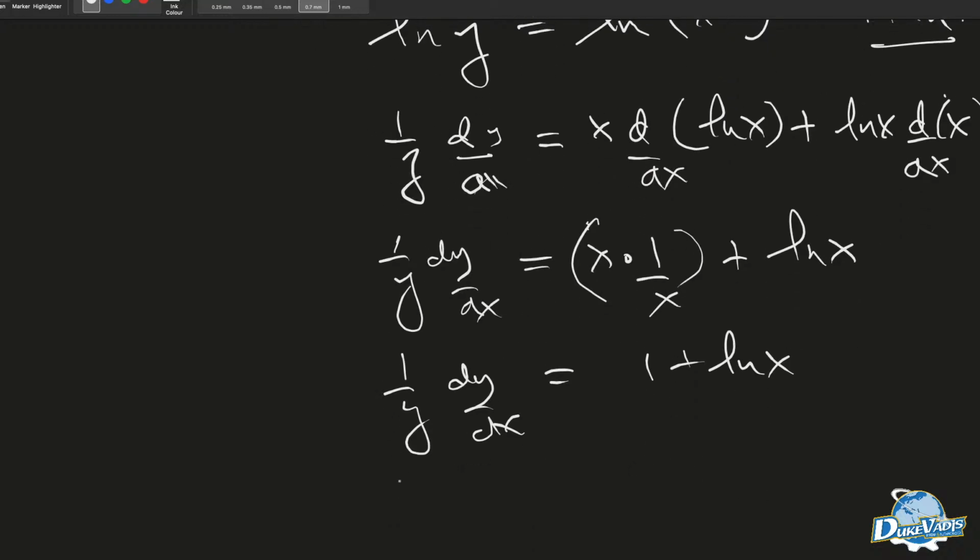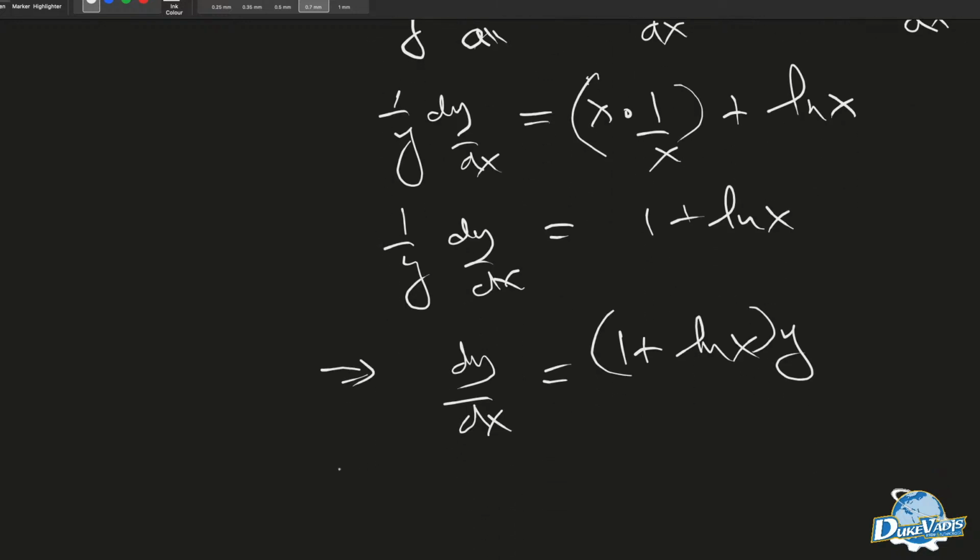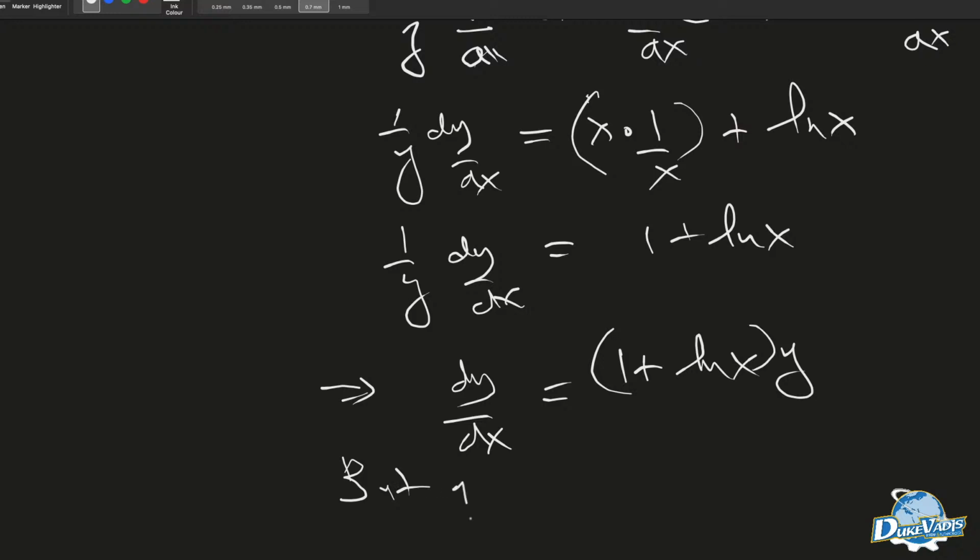Bear in mind that dy/dx will give us 1 plus natural log of x, multiplied by y. But y is given as x raised to the power x.